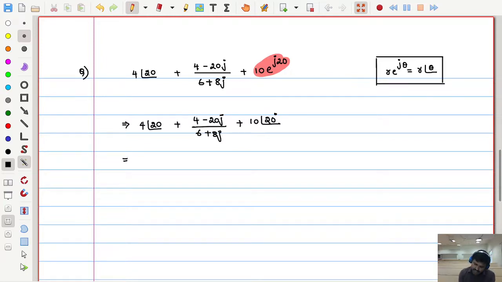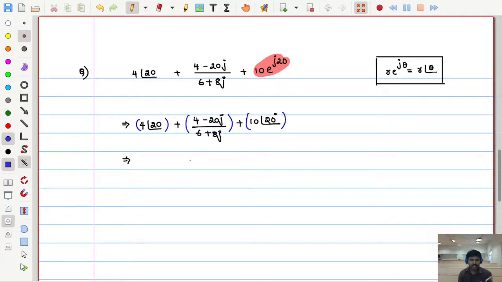Now you can use your calculator and type all these expressions directly. If you want, you can use brackets so that you will not have any problem in addition and multiplication of the magnitudes and angles. I will be typing 4 at an angle of 20 plus 4 minus 20i. You will get the I symbol above the 8, the ENG button; there you will get I in pink color.